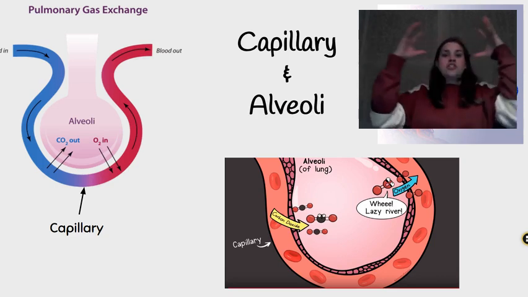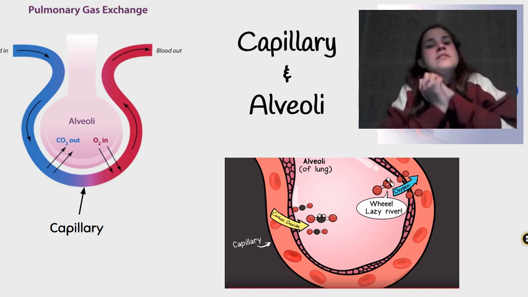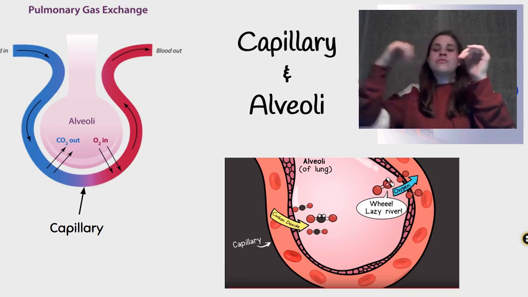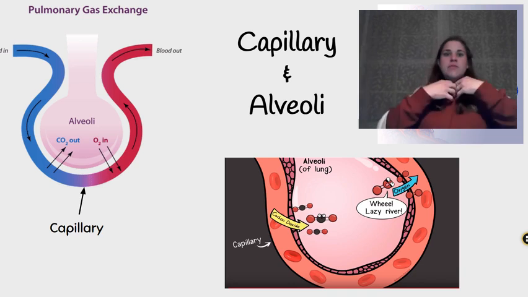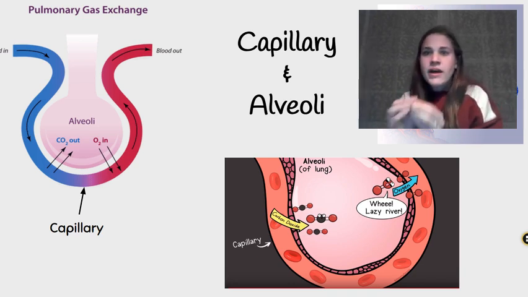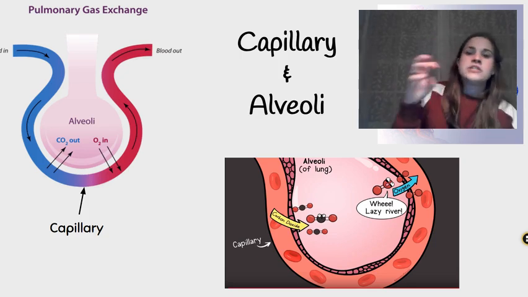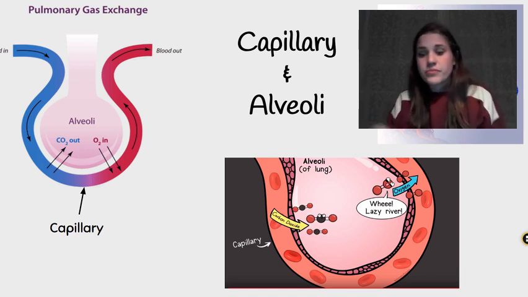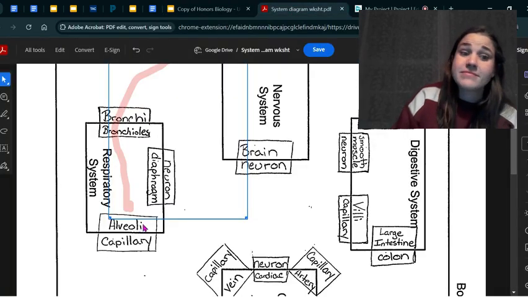So if you just had like a giant sack, if your lung was just like a giant balloon, the odds of the individual gas molecules interacting with the outside surface in order to diffuse into the circulatory system would be a lot lower than having this network of branching ending in these alveoli, because now every single alveoli, these little tiny sacs, can interact with the circulatory system and increase that surface area, increase the amount of times, the opportunity that the gas has to meet the surface and diffuse out. So that's what's happening here.